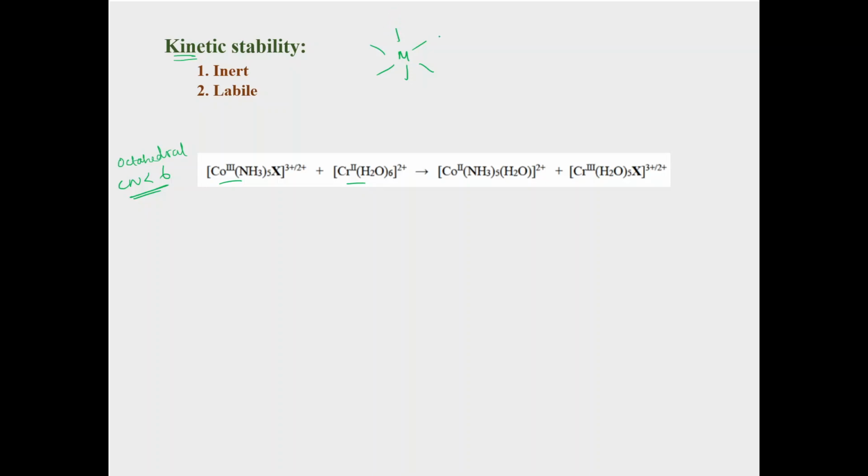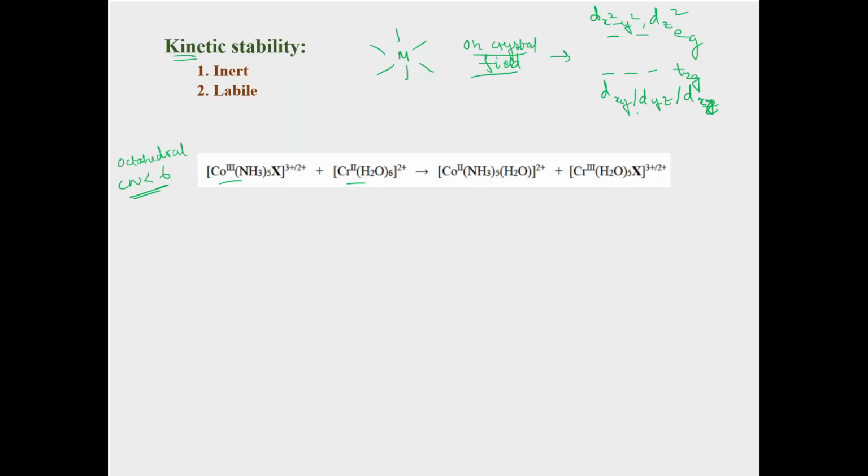We know that in an octahedral crystal field, the degenerate d orbitals are split into how many energy sets? T2g and Eg. T2g has dxy, dyz, and dxz, whereas Eg has dx square minus y square and dz square.